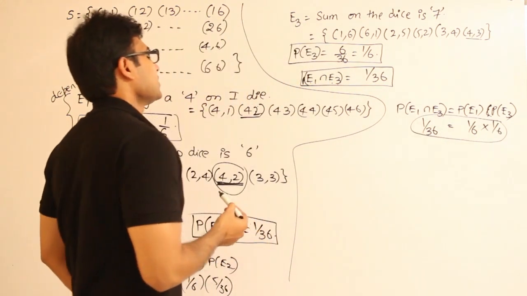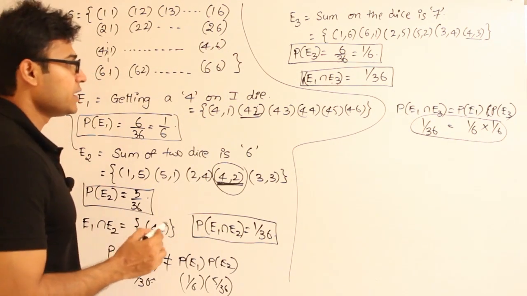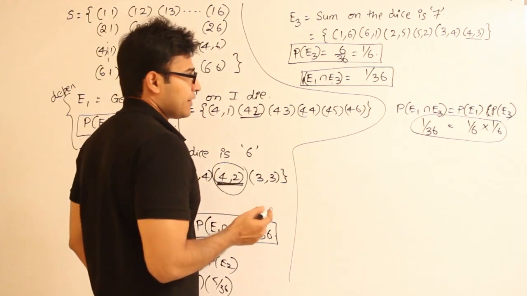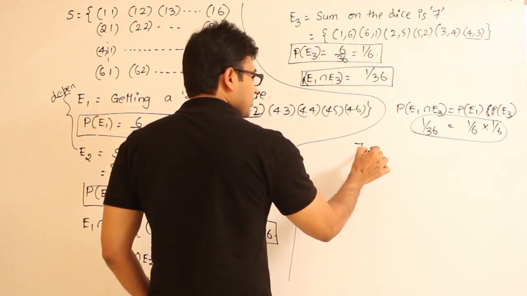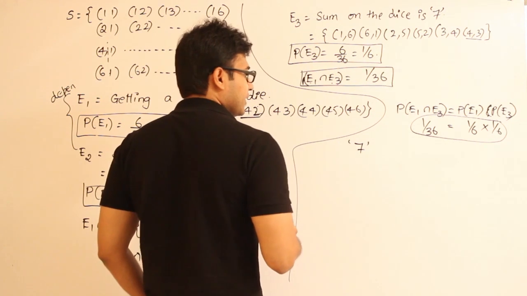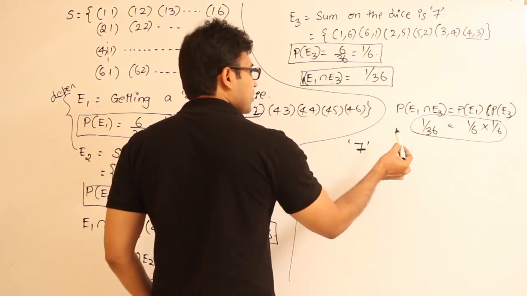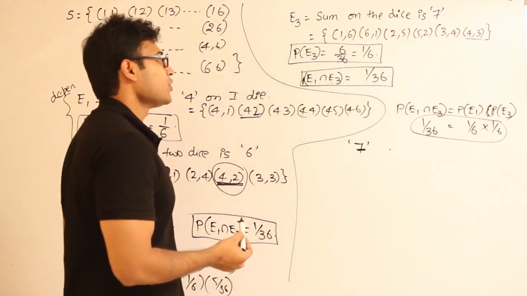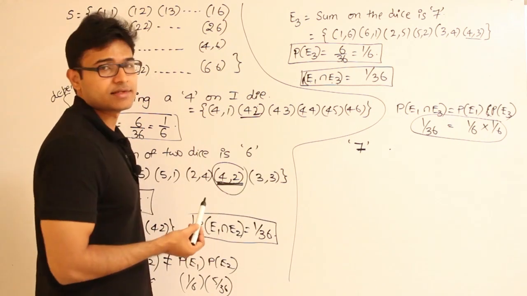We can clearly say that E1 and E3 are independent events. Now think about it intuitively. The reason is, the event of getting a sum of 7 is independent of what happens on the first die, because whatever happens on the first die, there is still a chance of getting a 7.